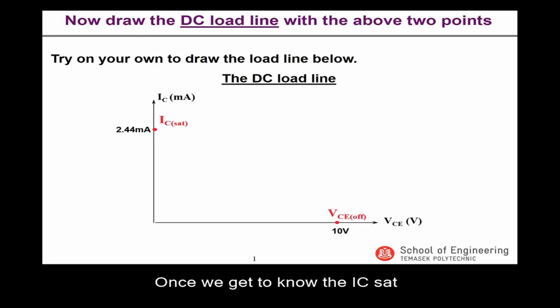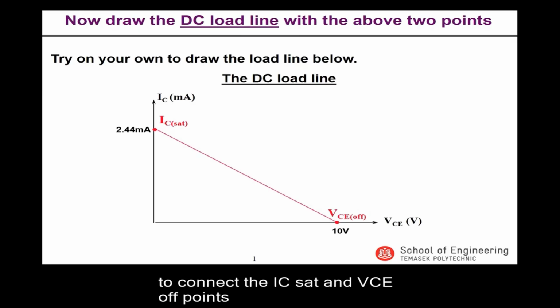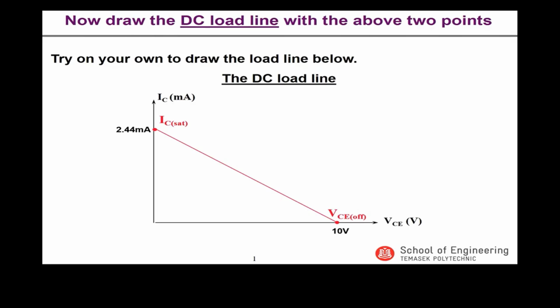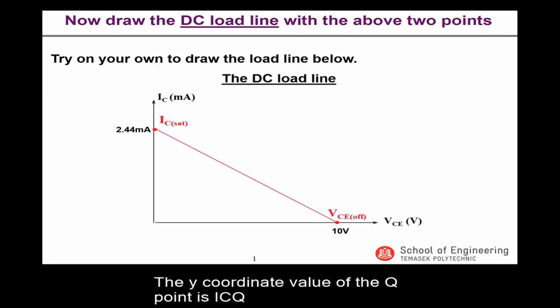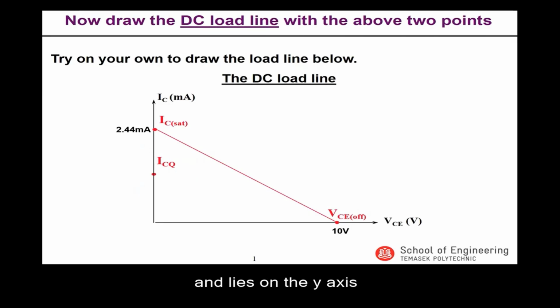Once we get to know the IC sat and VCE off points on both axes, we draw a straight line to connect them. This straight line is the DC load line. The Q point lies on this DC load line, and it consists of Y and X coordinate values. The Y coordinate value of the Q point is ICQ and lies on the Y-axis between 0 and IC sat.